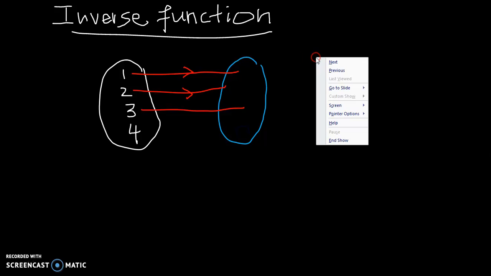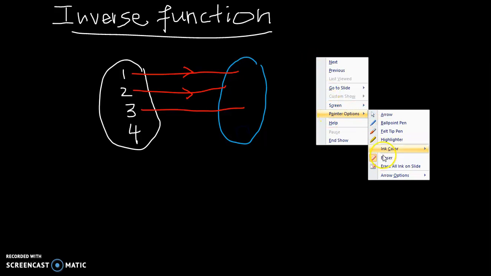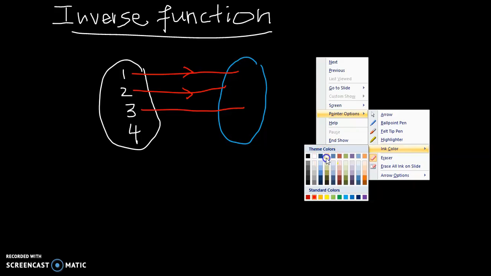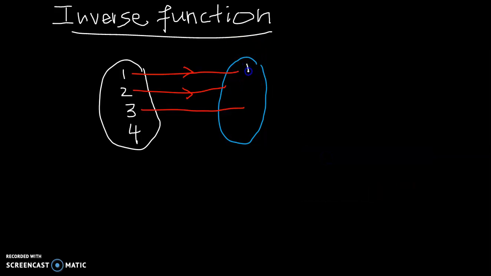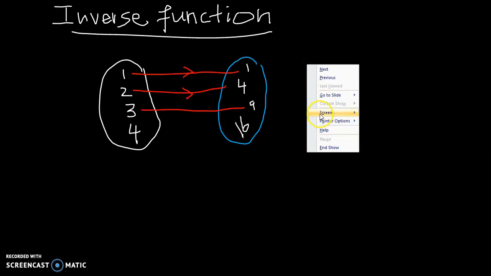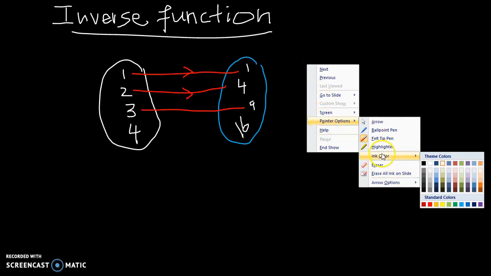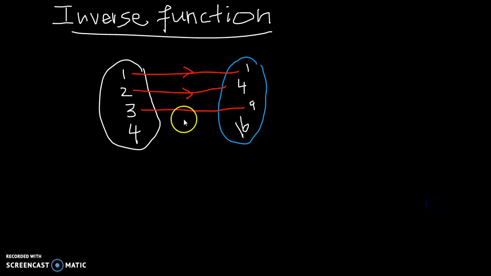Now I am changing that. Now let us take the red ink so that it will be easier for you to understand. So 3 is connected to 9 and 4 is connected to 16.